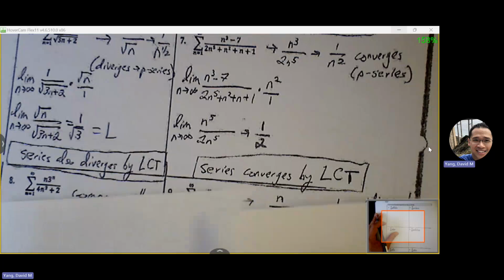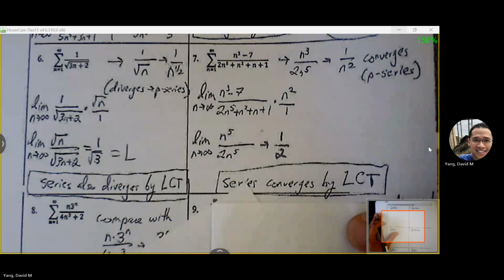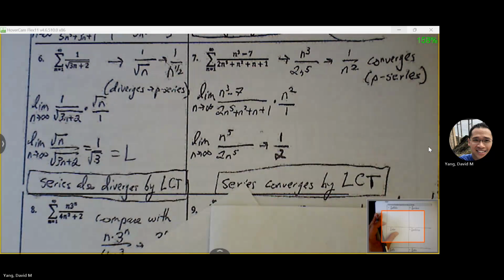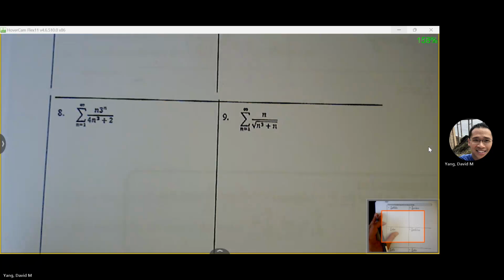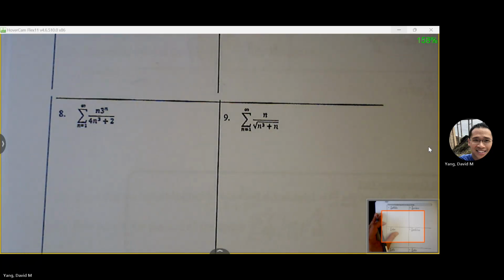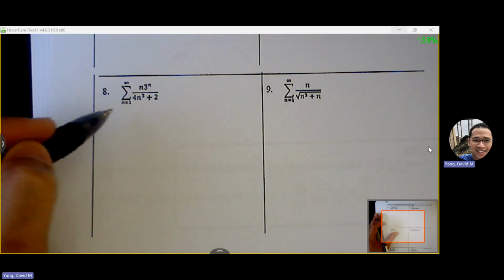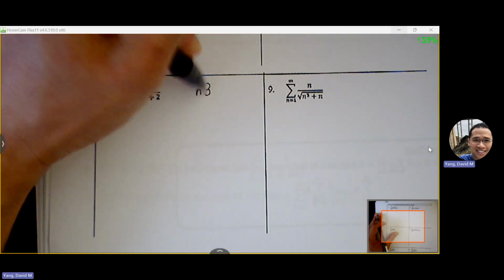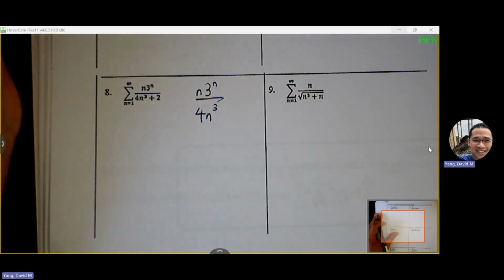Okay, let me go over number 8. I'm going to play with the form a little bit here. If I strip away that 2 and just look at that n times 3 to the n over 4n cubed, I can't get everything to clean up.